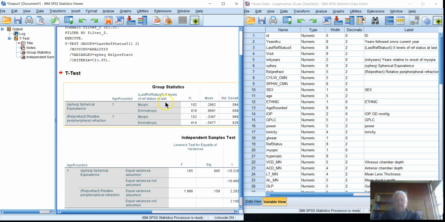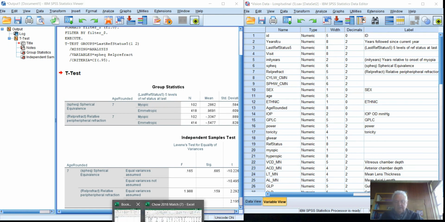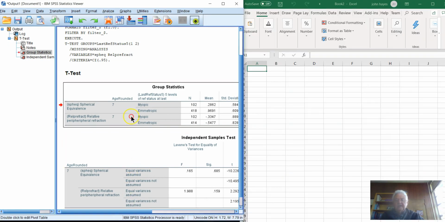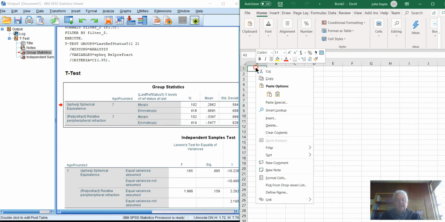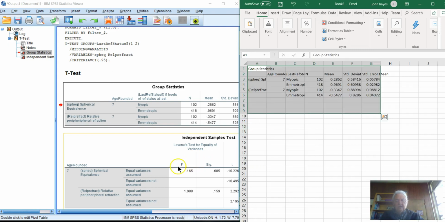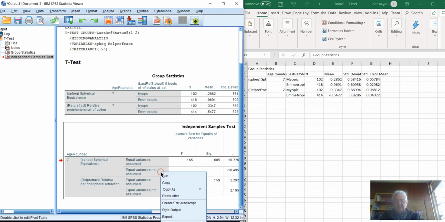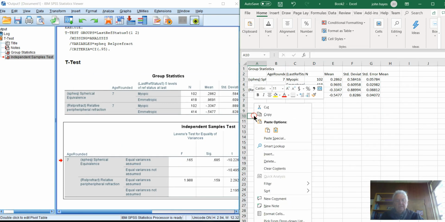And one of the things, so let's go to Excel and let's copy our statistics over here. And let's copy our results of the independent t-tests down here.